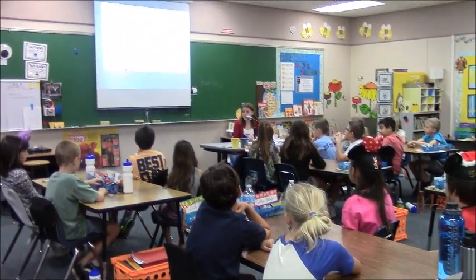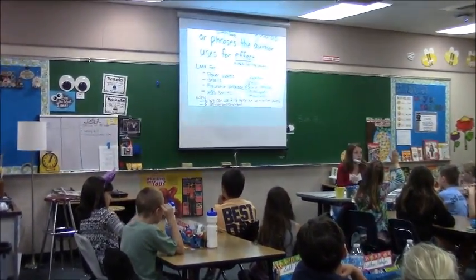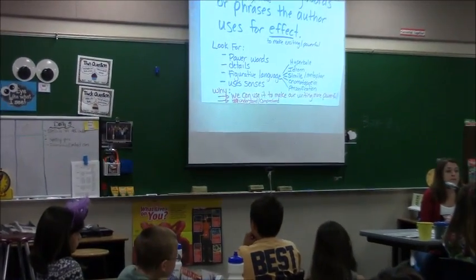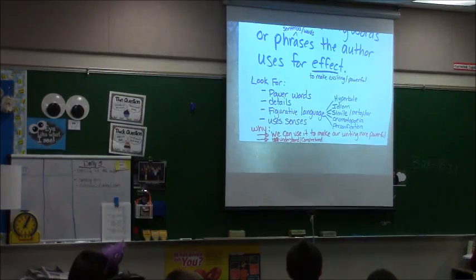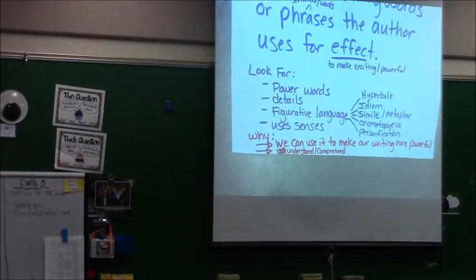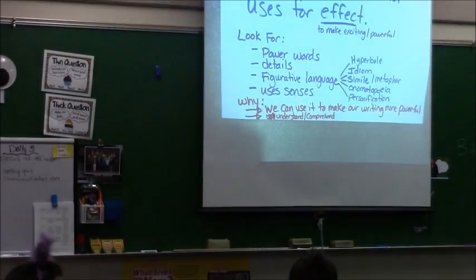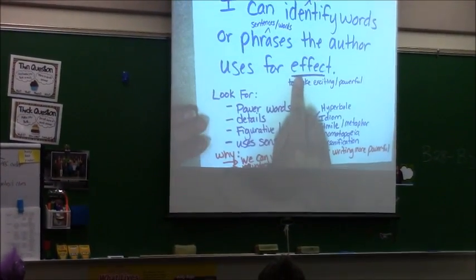And the more an author is able to show us those good uses of effect and draw us in like that, it makes the writing more interesting to read. It makes us more excited about reading, and that's a good thing. So, we are going to identify words or phrases the author uses for effect.